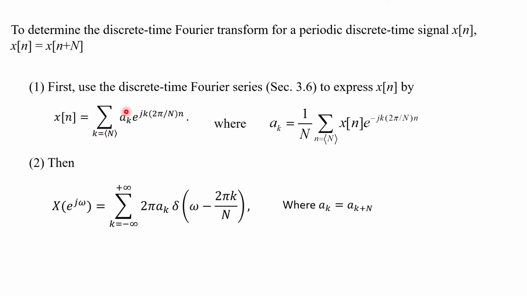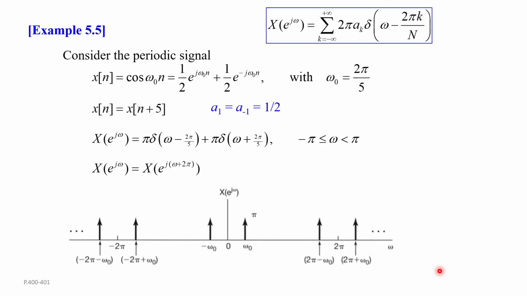Then from this equation you can directly write down your big X as the sum over k from minus infinity to infinity of 2 pi a_k delta of omega minus 2 pi k over N. And just like in chapter 3, a_k is periodic with period big N. Any questions? If not, then let's see an example.